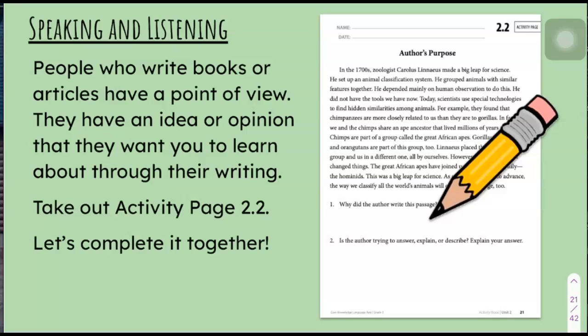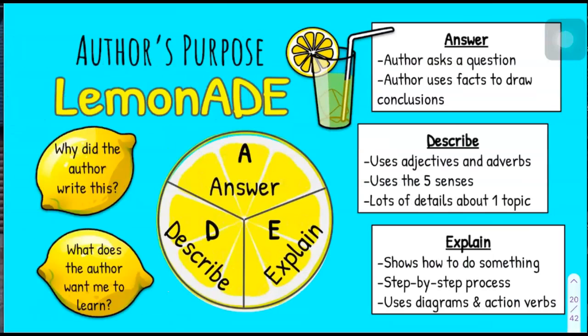So we want to think about, number one, why did the author write this passage? Well, boys and girls, when I first read this passage, I thought he was explaining something to me. But then I went back and looked at our answer, describe, explain, and I feel like he's more describing something.